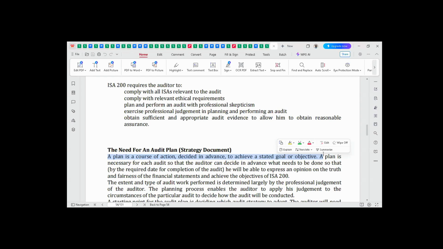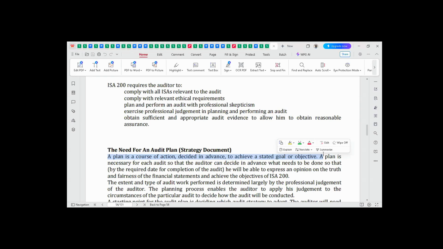These are all the approaches or techniques the auditor intends to utilize in the conduct of the engagement. We call it audit strategy, audit approach. So your audit plan is part of your audit strategy.